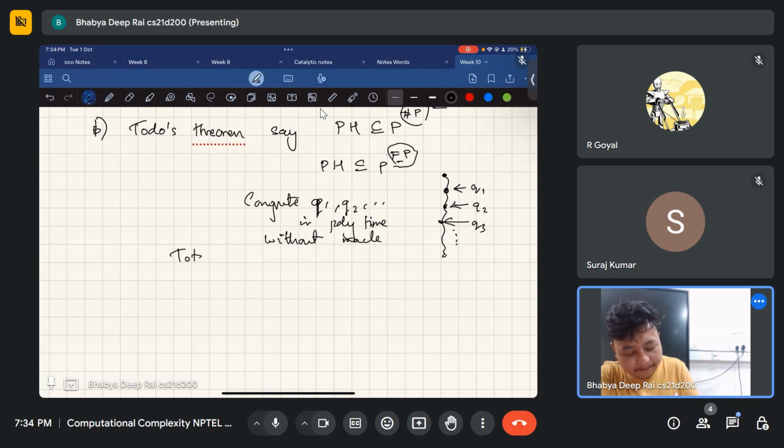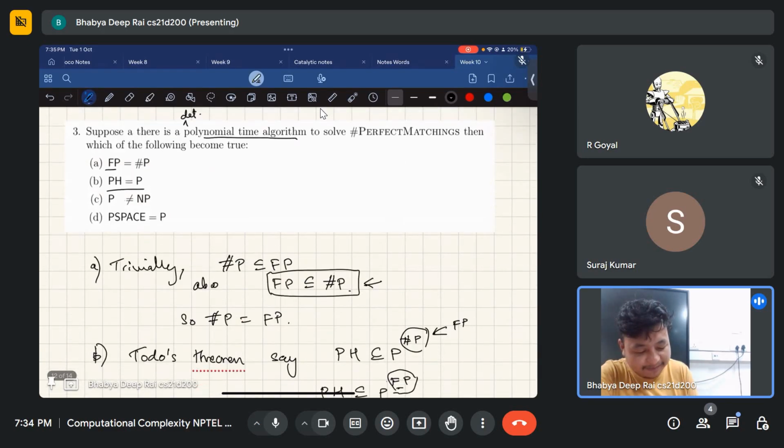So total time is some polynomial, because it's a polynomial number of queries times some polynomial. So it's still polynomial, which implies that PH is equal to P.